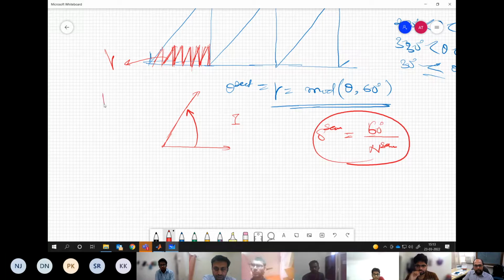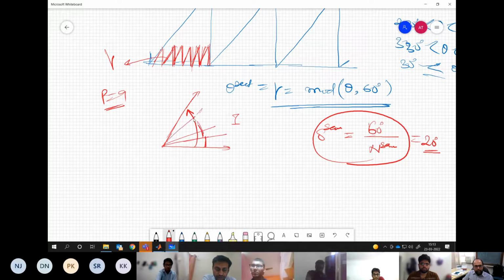If I take the simple case P equals 9, my delta sampling will be 20 degree. While the vector is rotating from 0 to 20 or 20 to 40 or 40 to 60, I will have to apply the vector sequences one by one.